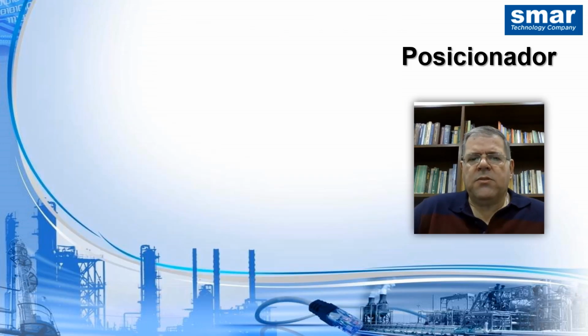This positioner, the FY, will take the information from the main controller and make the conversion to air, allowing us to transform the electrical signal via a pneumatic signal for valve control, including its opening and closing.